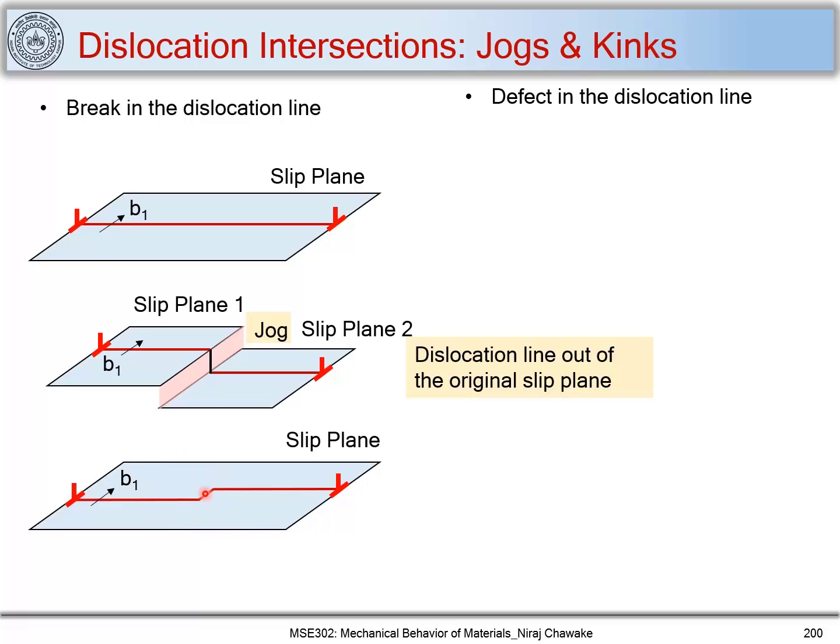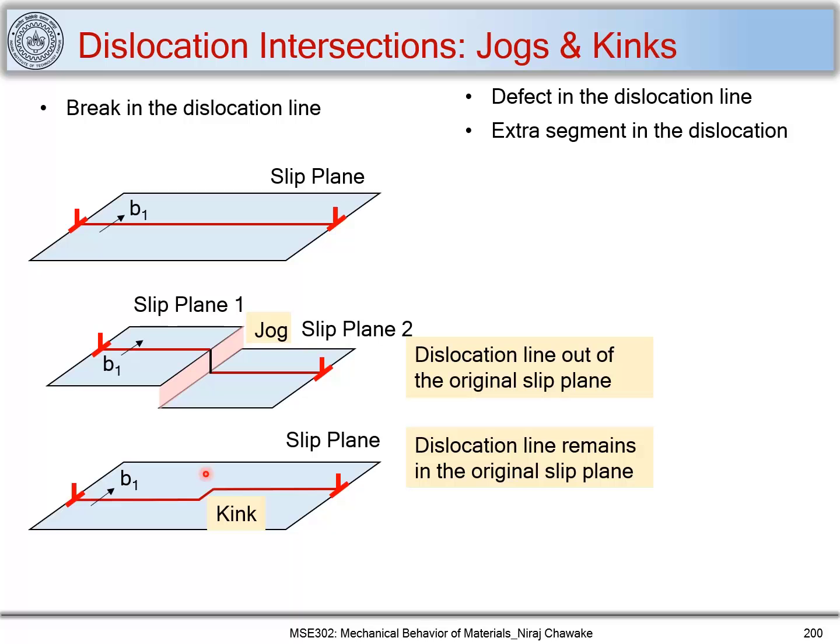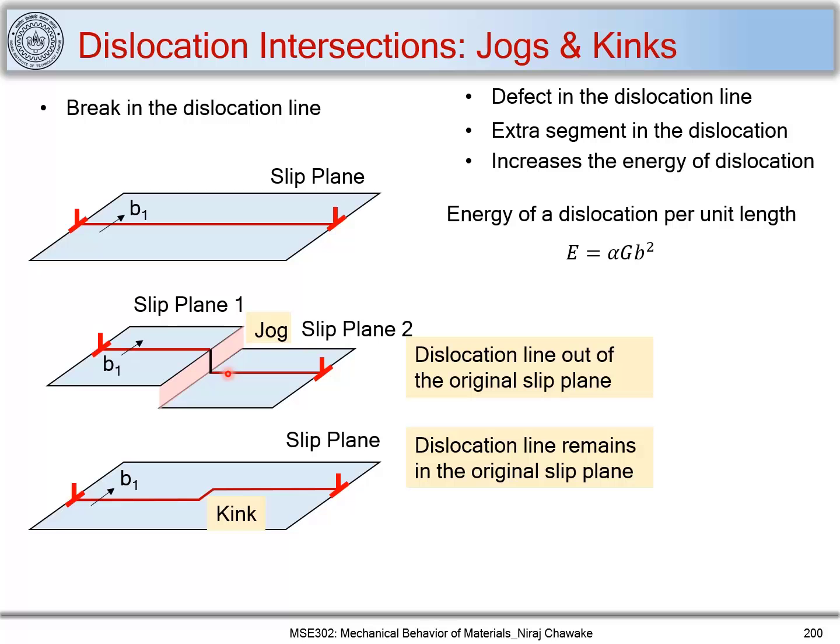Such breaks on the dislocation line are called kinks. So these are kinks, where the dislocation line segment or break remains in the same original plane or glide plane. And these breaks are nothing but an extra segment in the dislocation, and thus they increase the energy of the dislocation.